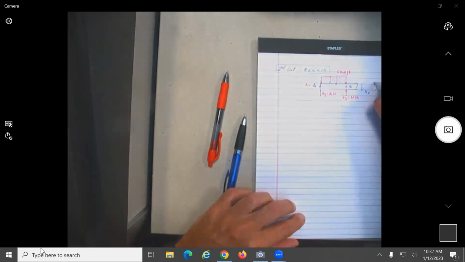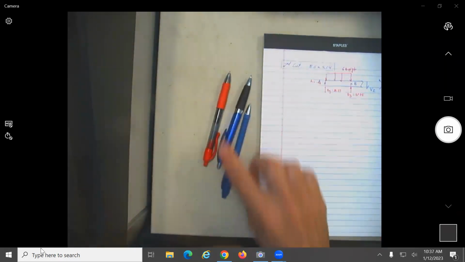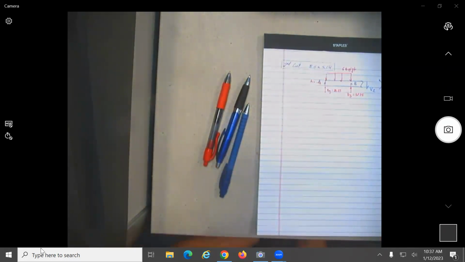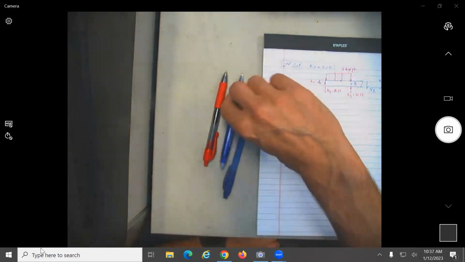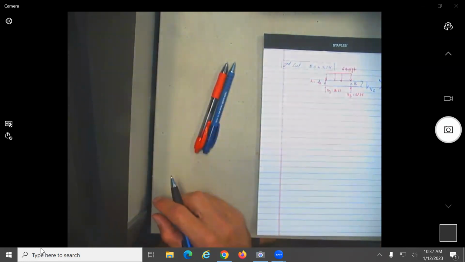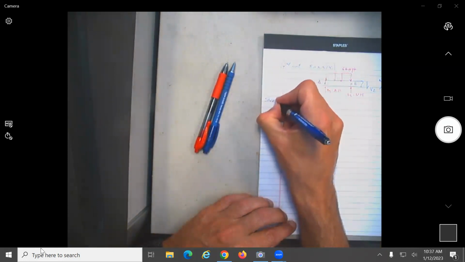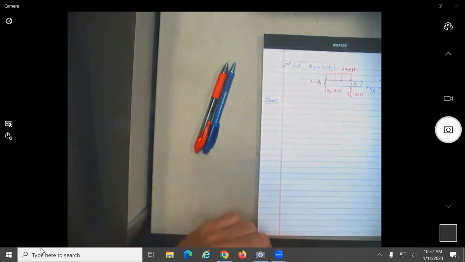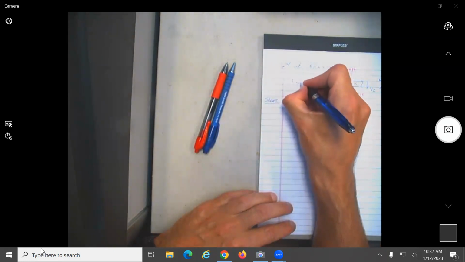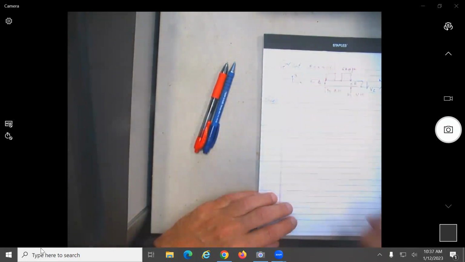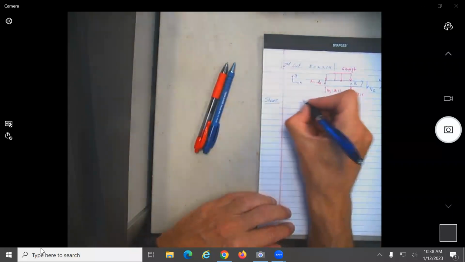The internal forces, so the internal shear, V2 and M2. Okay, so again, to find the shear, what is the equation we're going to use?